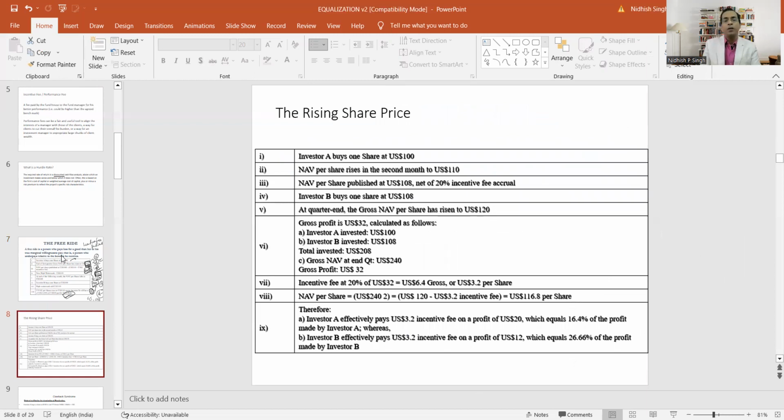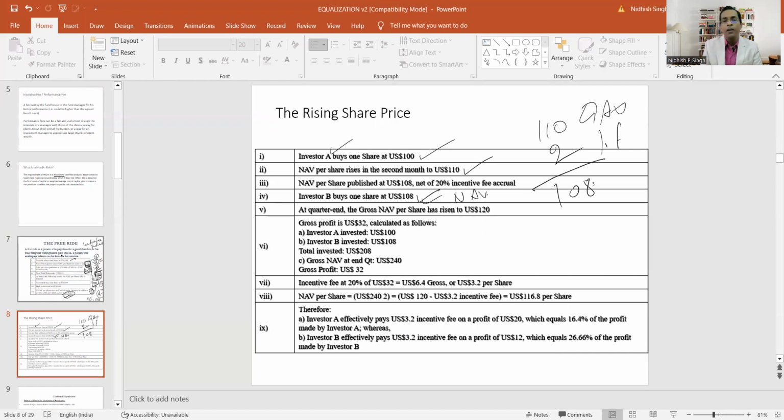So let's take another example to understand this clearly. Let's say investor A buys a share at 100. It reaches 110. After incentive fee, the NAV is 108, because 110 is GAV, $2 is incentive fee, and 108 is NAV.